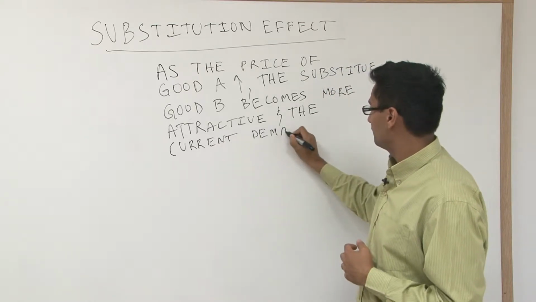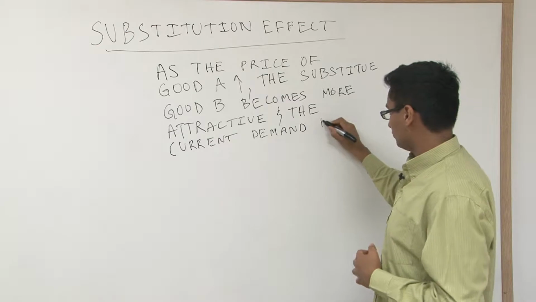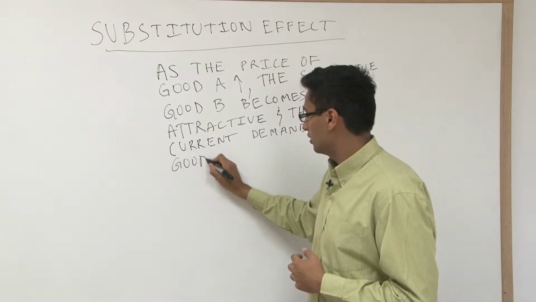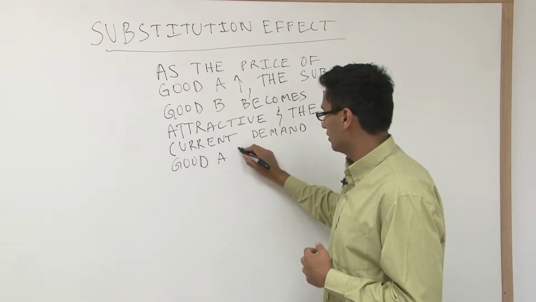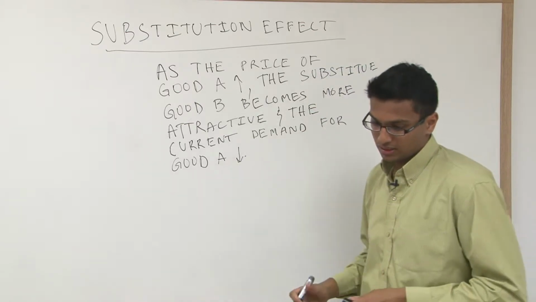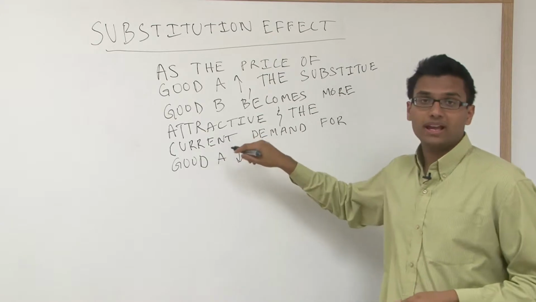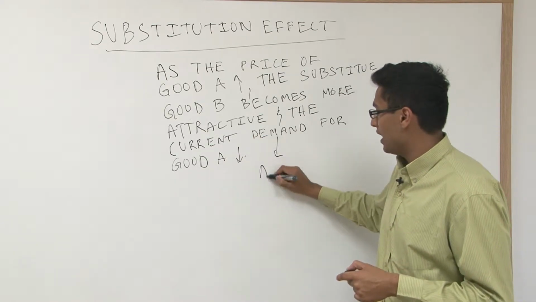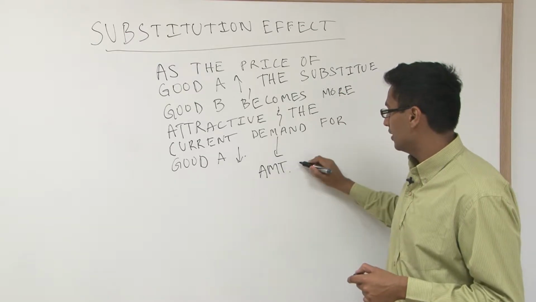Demand for good A decreases. And when I say current demand, one extra thing I'll write down is I mean amount demanded. Amount demanded.